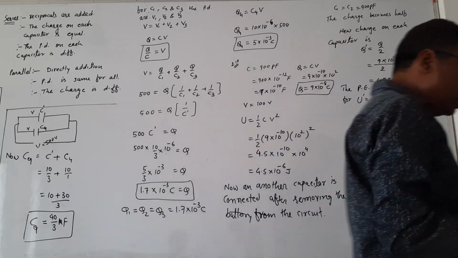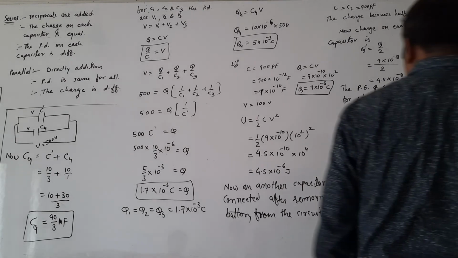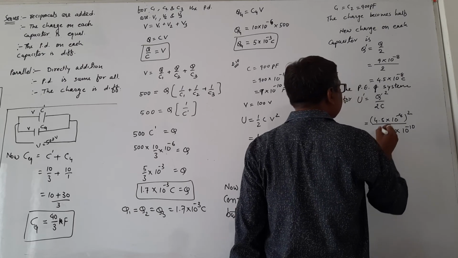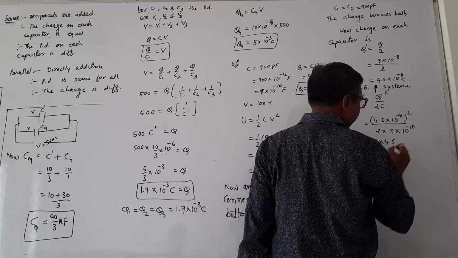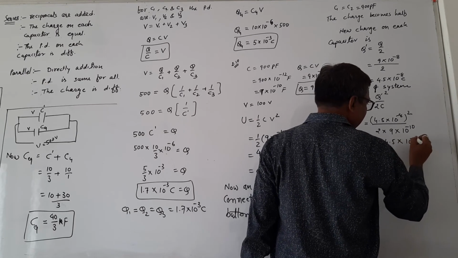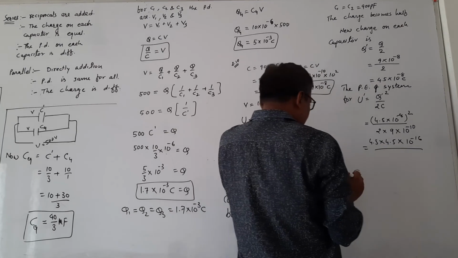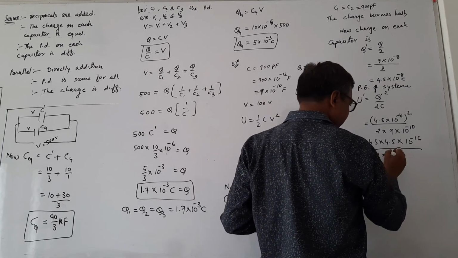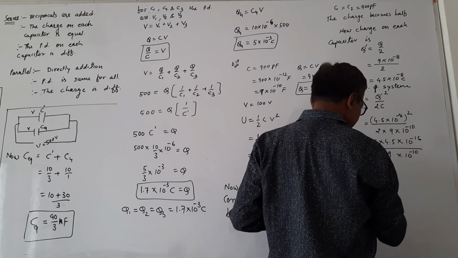Okay. So after solving this one, 4.5 square, here 4.5 into 4.5, 10 raised to minus 16, and here 2 into 9 into 10 raised to minus 10.